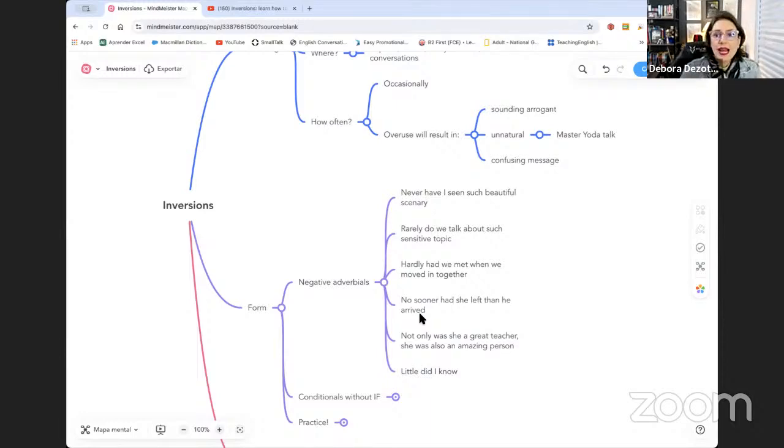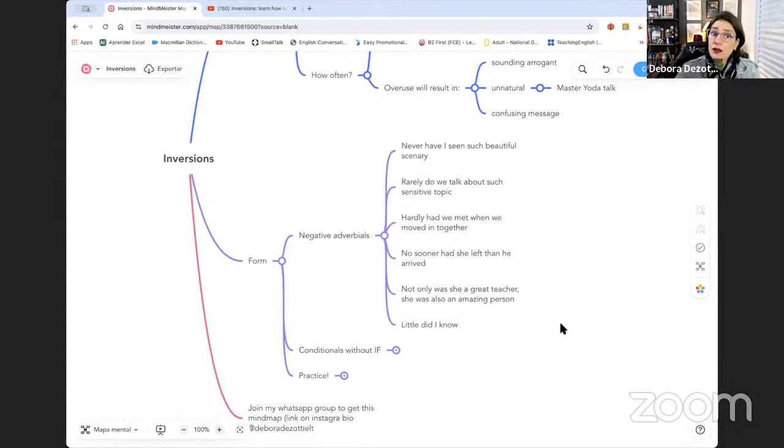"No sooner had I taught my son how to ride a bike than he started to ride on his own." Sorry, I forgot the "than." You see, this is how you combine these two sentences together, the negative adverbial being "no sooner... than."